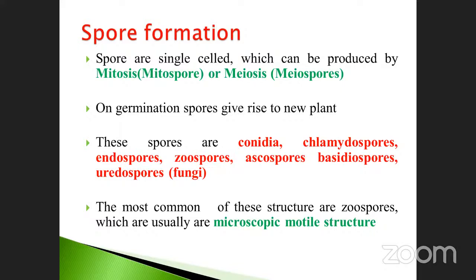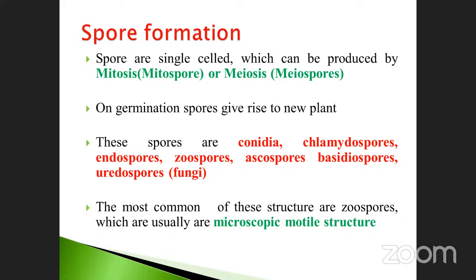The spores are gonidia. Normally, the plant spores are called as what? The plant spores are called as zoospores. Okay, so zoospore is motile in nature. Zoo means, you know very well, animal. It is nothing but the animal zoo. Okay, because it is produced by which one, you know, plant.